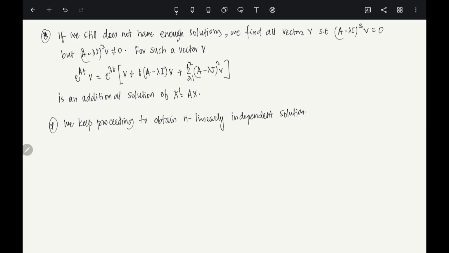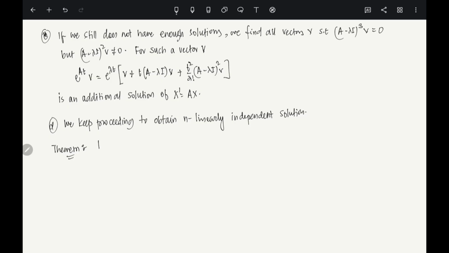So for that there is a theorem in linear algebra. I will not be doing the proof of the theorem, but I will just write down the theorem, so you can get it in any standard linear algebra book, such as Lang. Most standard linear algebra books will contain this result. So what does it say?